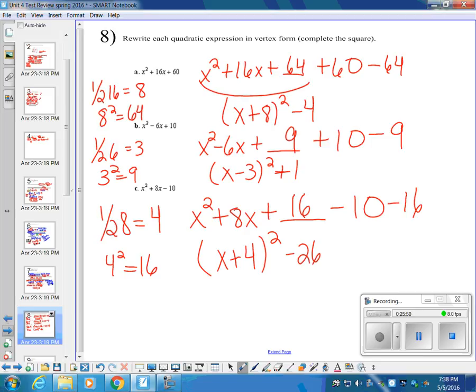Okay, x plus 4 squared minus 26. The vertex would be, opposite of h, negative 4 and negative 26.